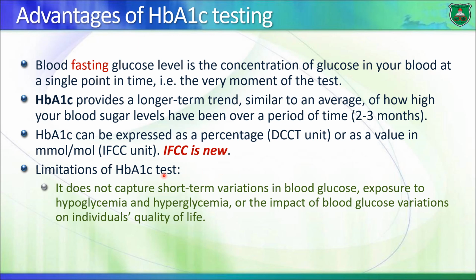Okay, so although glycosylated hemoglobin test is good, it doesn't tell us about what has been happening over a short period of time right before the test. It doesn't tell us about exposure to hypoglycemia or hyperglycemia at certain moments during these 2 to 3 months.